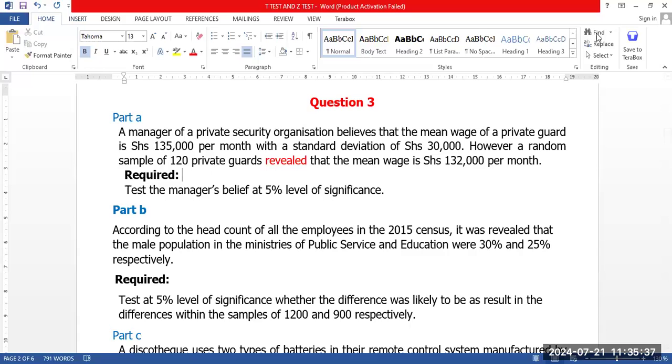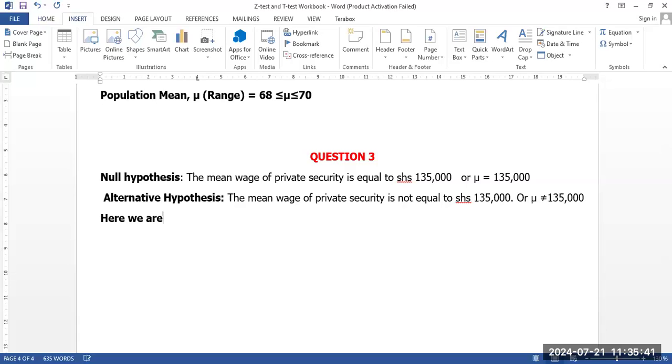Automatically, we are dealing with a two-tailed test, and also with a Z test, because n is greater than 30.